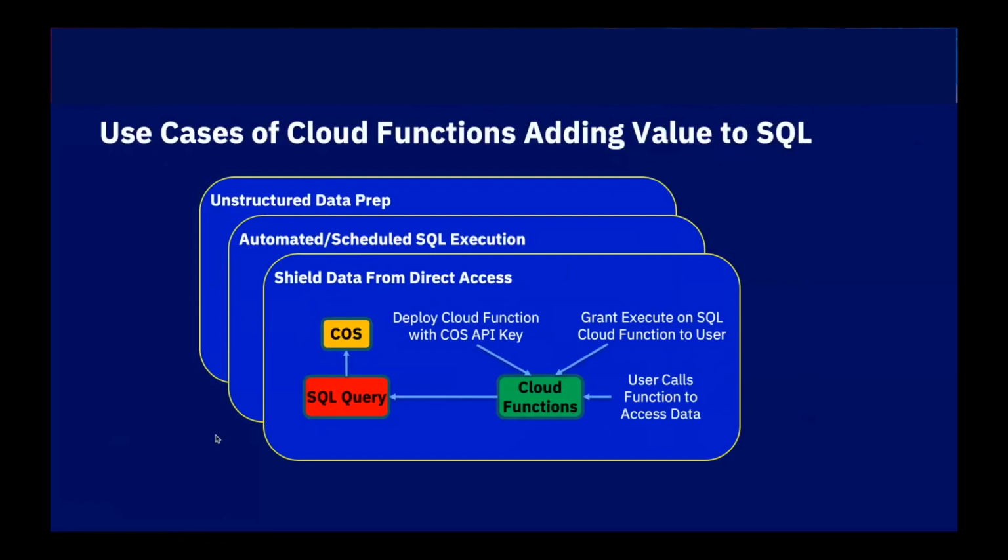All I'm giving them access to is running this cloud function. So you can shield the raw data from the end users by giving them access to cloud functions and only giving them access to the processed data. That's a way to achieve more fine-granular access control on your cloud object storage.